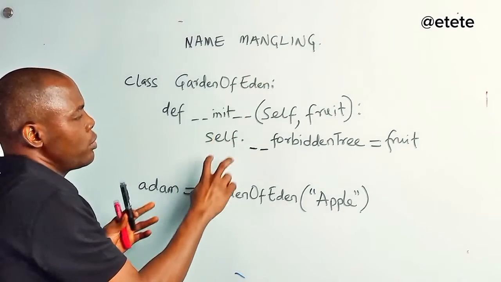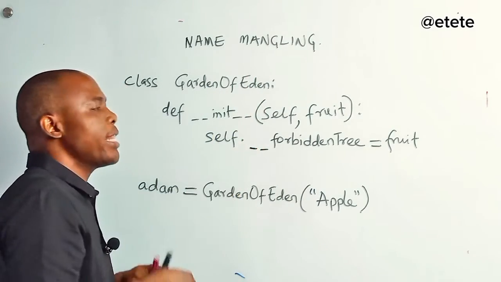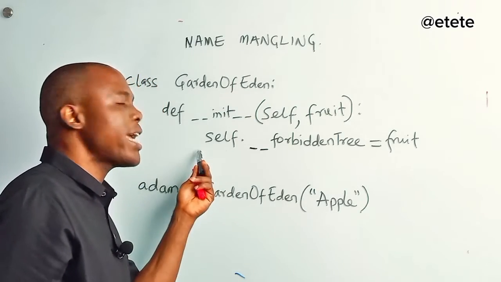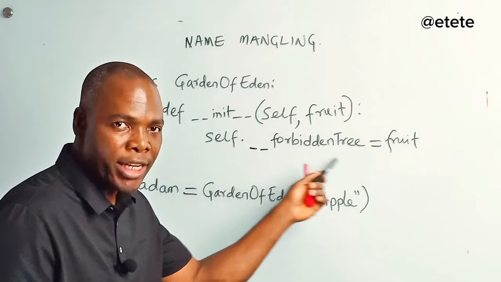Okay, so I'm just going to use name mangling to access this. And then I will write another method, which is what? A getter method inside this to also be able to access it. So different ways in which you can actually access this attribute.